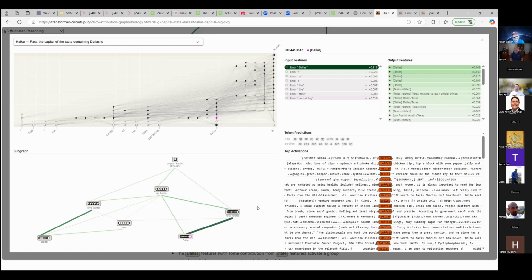They say, okay, here are our top sentences, and you can look and ask what we have in common here. What you'll see is that about three quarters of these words are Dallas. So this looks a lot like an input feature that fires whenever the token is Dallas.